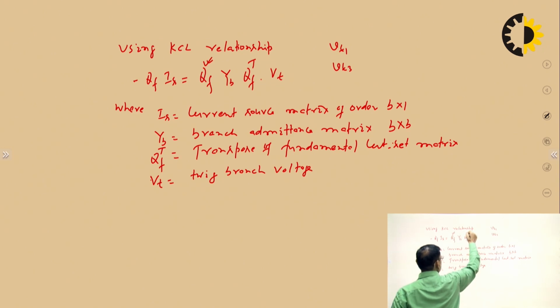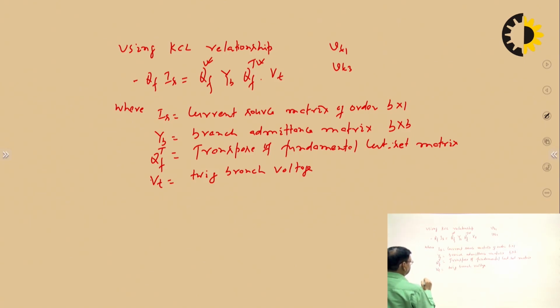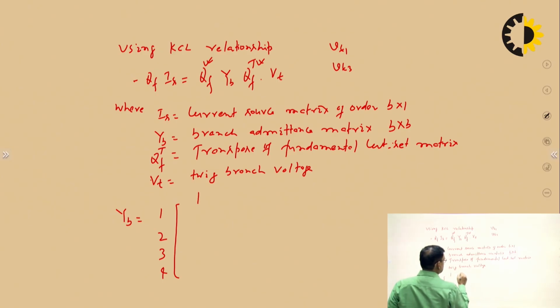Then we take the transpose of this, and we have to multiply these 3 matrices. So first we calculate the YB. YB is a square matrix, so B into B. There are 4 branches, so 4 columns and 4 rows.